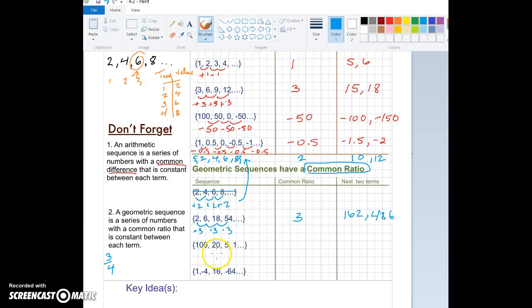100, 20, 5, 1, which isn't quite right, so we'll have to figure it out. From 100 to 20, I should have divided by 5. Do you see that? I divided by 5. And then from 20 to 5, if I was going to divide by 5, this should have been not 5, but 4.